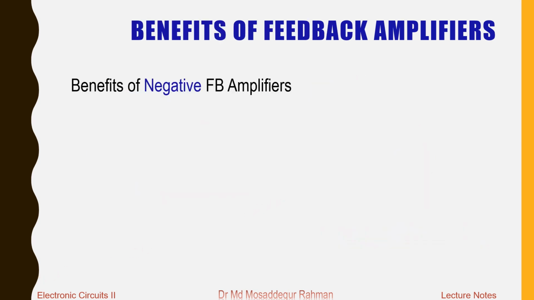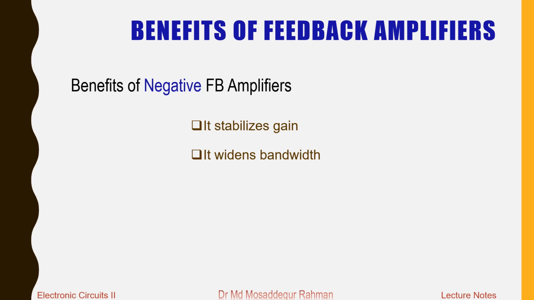Now, that is not the only performance improvement, the only benefit that you get with negative feedback. There are many other performance improvements that we get by applying negative feedback. So first of all, it stabilizes the gain, and then we can also get an increase in the bandwidth.